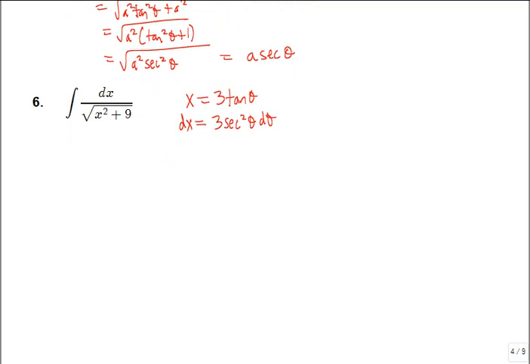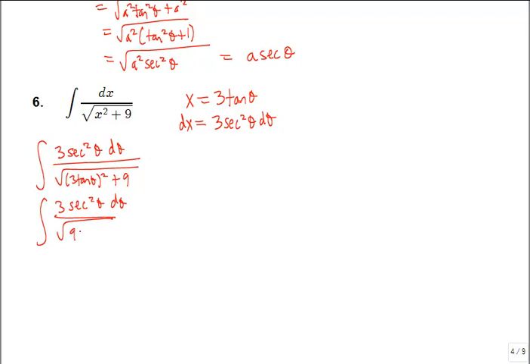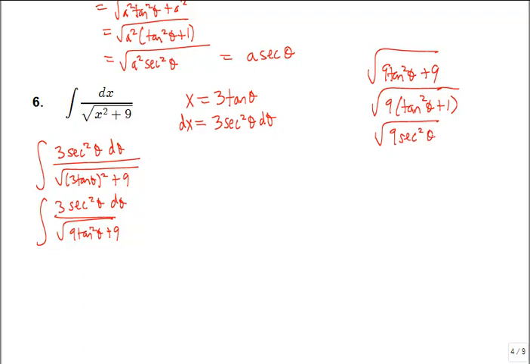Well, the derivative of 3 tan theta is 3 secant squared theta d theta, since the derivative of tangent is secant squared. So this becomes 3 secant squared theta d theta over the square root of 3 tangent theta quantity squared plus 9, which, remember, is going to turn into 9 tan squared theta plus 9, and when you factor out that 9, leaves you with a tangent squared theta plus 1, which changes into a secant squared theta, and the square root of that becomes 3 secant theta.